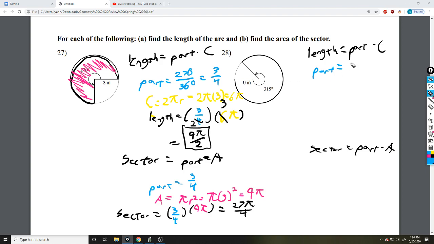All right, our part is 315 over 360, which, if I remember right, let's see how that reduces. That should be, yes, that should be 7/8. Yes, 7 over 8. So we're going 7/8 of the way around the circle. So almost all the way around, but not quite.